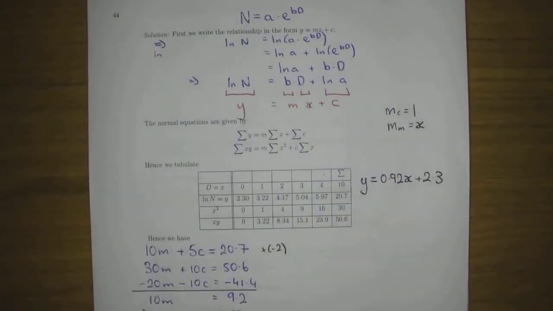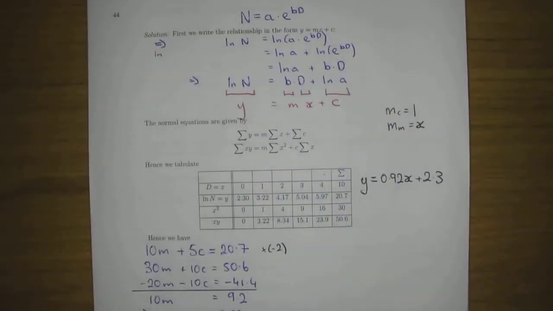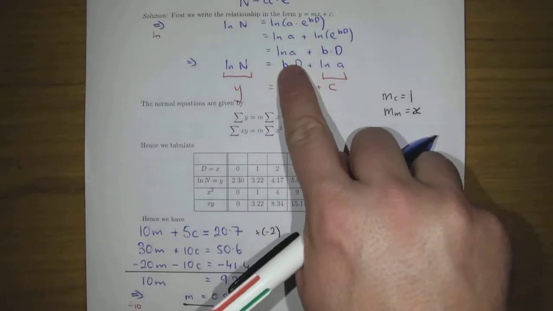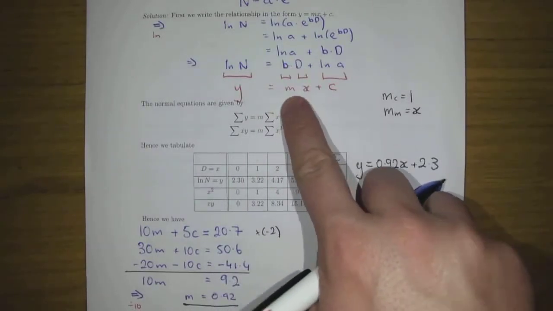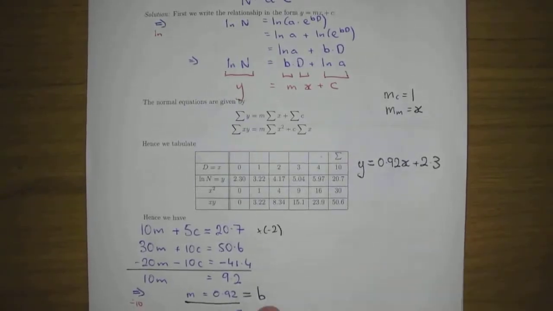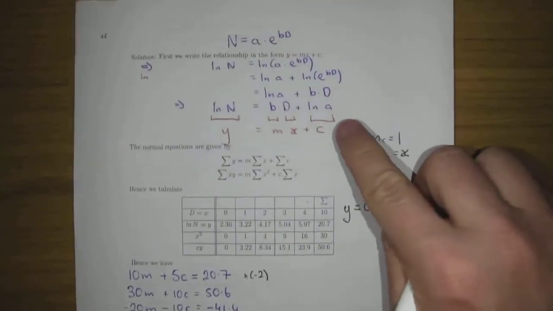So what you have to do now is work back into what you had. We shouldn't be writing y and x, we should be writing n and d. So really what you need to do is look back here. So m is equal to b. So if we found m, this is in fact equal to b. So that's good, we have found b. And c is log of a.